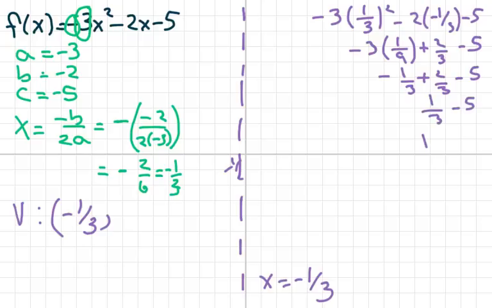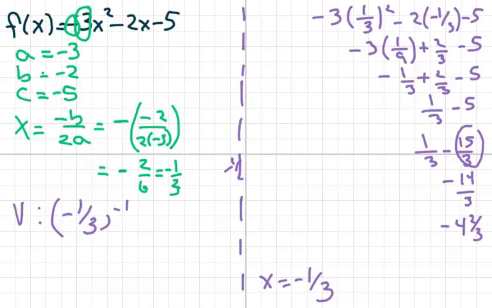And I'm going to go ahead and write this as 1/3 minus 15 over 3, because that equals 5. Negative 14/3, which if you will, is negative 4 2/3. All right, so I'm just going to put negative 14/3 here. Okay, this is a 4. So 1, 2, 3, 4 2/3 is right about there.